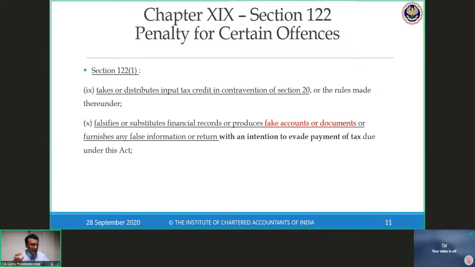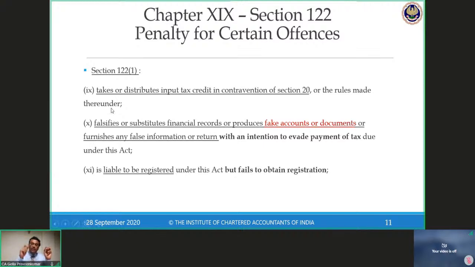Friends, that is a transaction where the element of falsifying, substituting financial records, producing fake accounts or documents, or furnishing false information comes in. All this gets summed up into your point number 2, where intention to evade payment of tax is the key element in the back of the mind of the assessee. This gets into your bucket number 2.